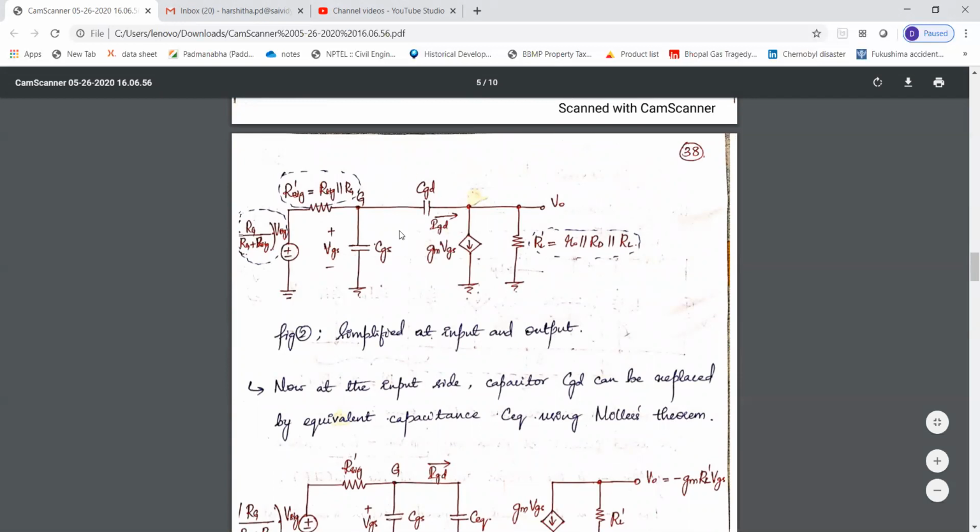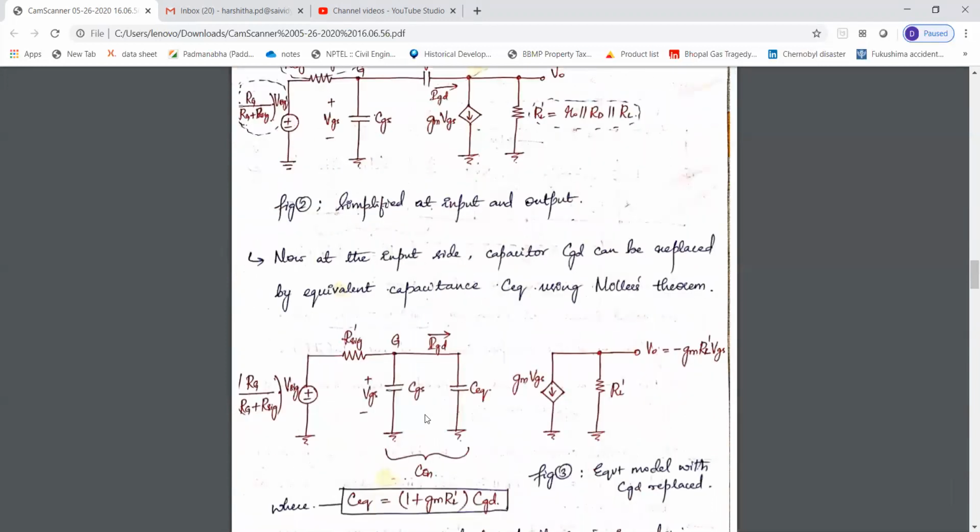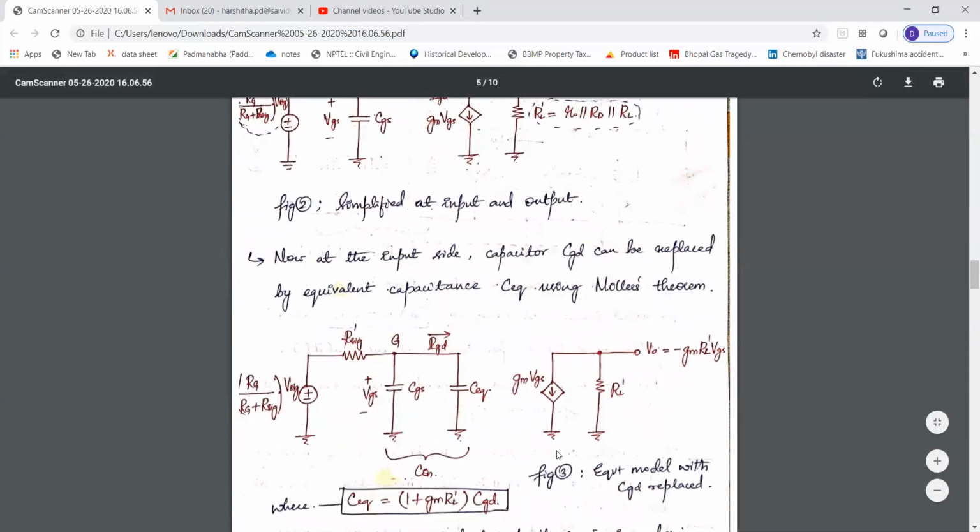And then this C_GD is like a bridge between the input part and the output part. So now this capacitance is replaced by an equivalent capacitance by using the concept of Miller's theorem. So we'll get this diagram.